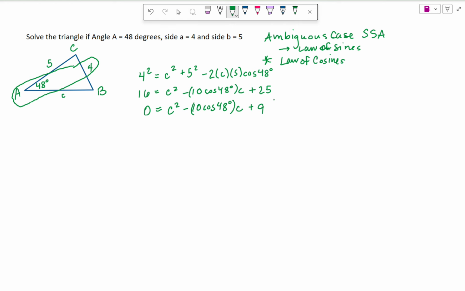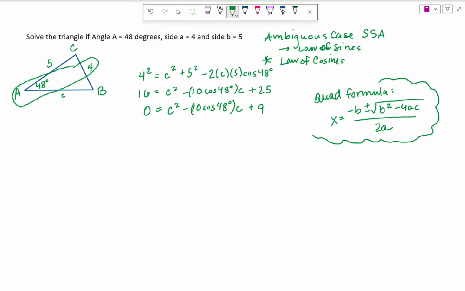In order to solve this quadratic, I'm not going to try to factor it. I'm going to use the quadratic formula. Just to review, x equals the opposite of b plus or minus the square root of b squared minus 4ac, all over 2a. You are going to want to memorize this if you want to use this method, but it's not too bad.